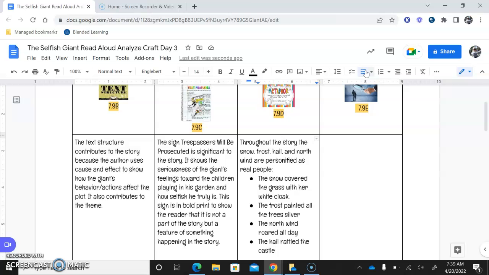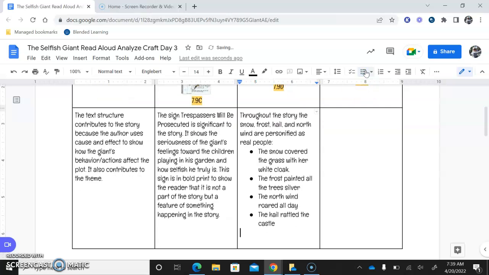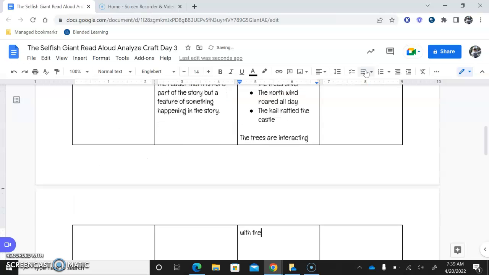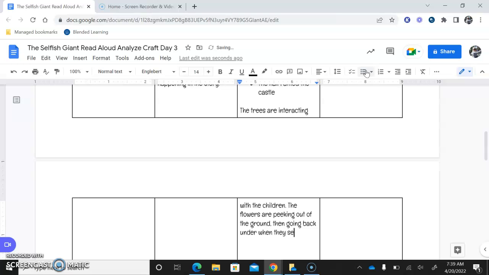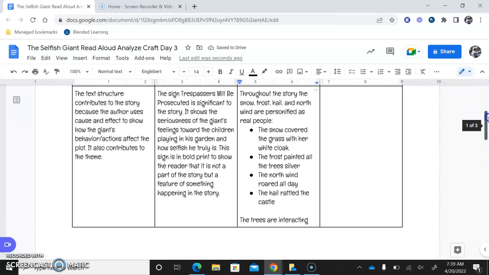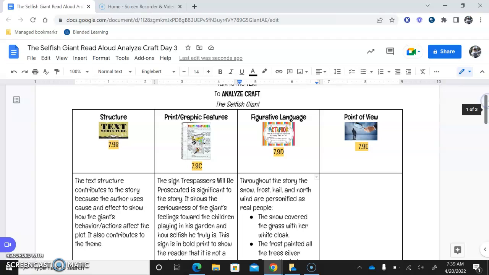We also see, I'm going to take my bullet points off right there, the trees are interacting with the children. The flowers are peeking out of the ground, then going back under when they see that there are no children in the garden. And there are other examples as well, but these are some good examples of how we see figurative language used in the story. And now we're going to talk about point of view.